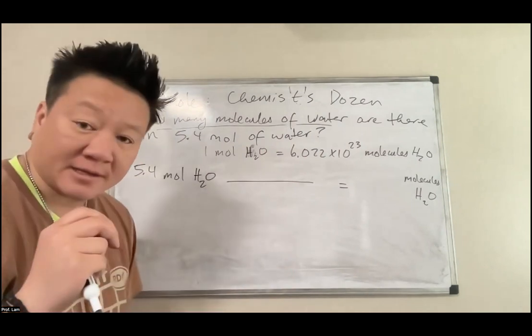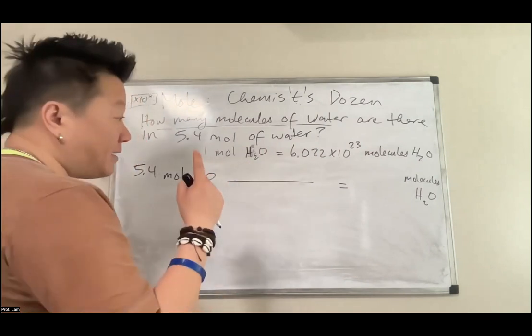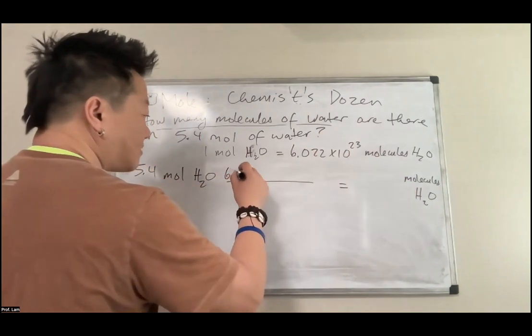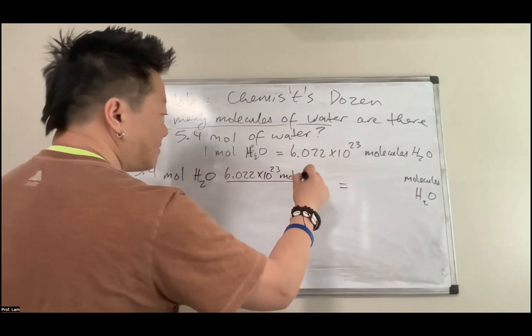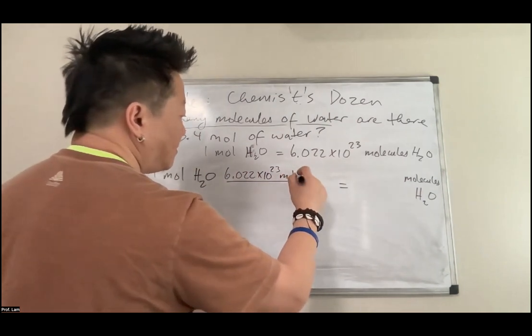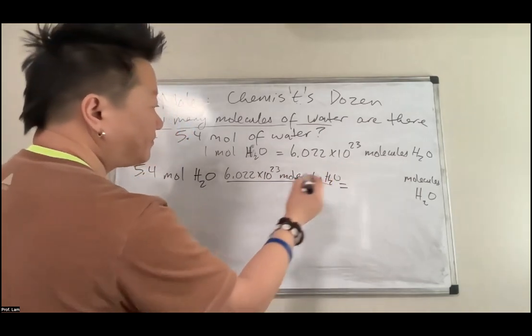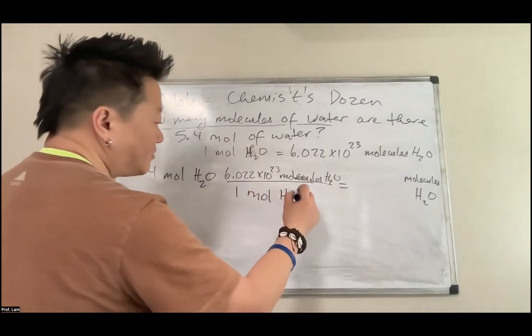And again, I want you guys to be doing that before you even start the problem. Now, what should go on top? Molecules. So this number that's tied to molecules is going to go on top. Molecules of water. And what should go on bottom? 1 mole, because we want the mole of H2O to cancel out.